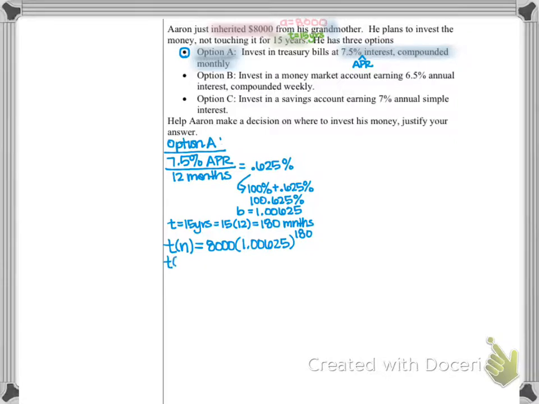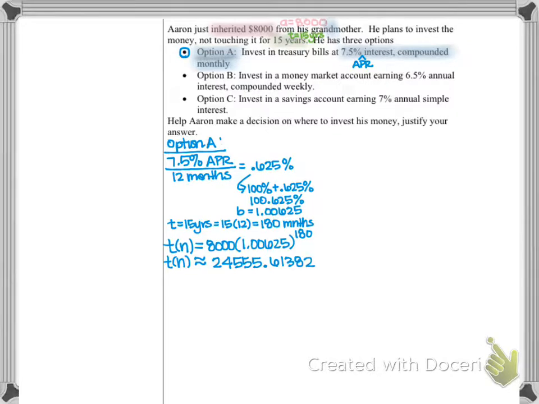All right, let's go ahead and see how much money that gives him. So if we type that into our calculator, wow, that's kind of nice. It looks like he gets 24555.61382.